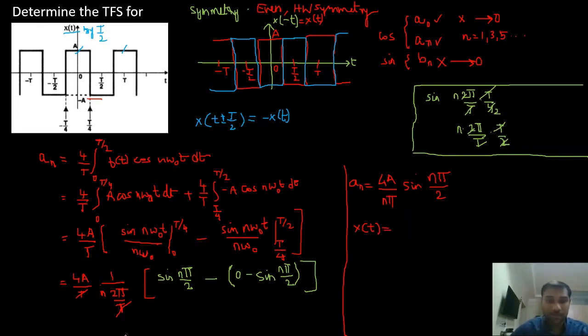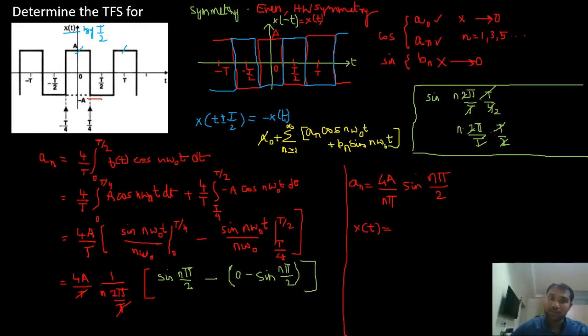X of t is a naught plus summation n equals 1 to infinity of a n cos n omega naught t plus b n sin n omega naught t.